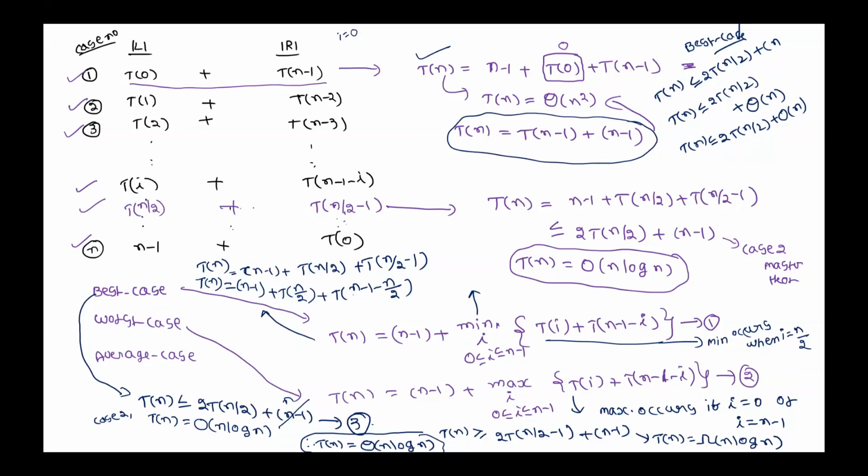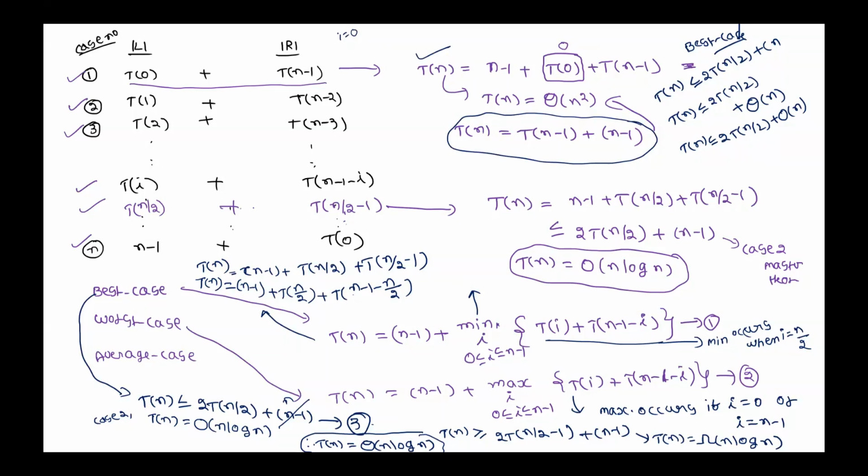Now, as I mentioned earlier, usually average case running time is the same as worst case running time. But Quicksort is the special case where average case running time is the same as best case.